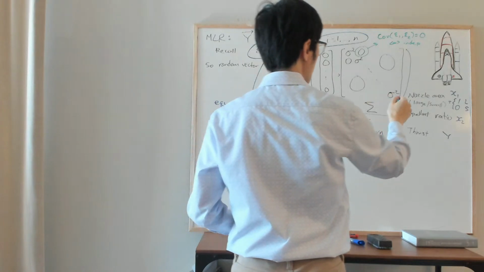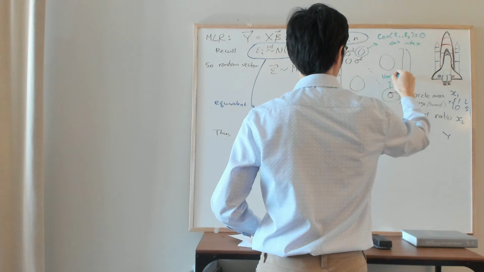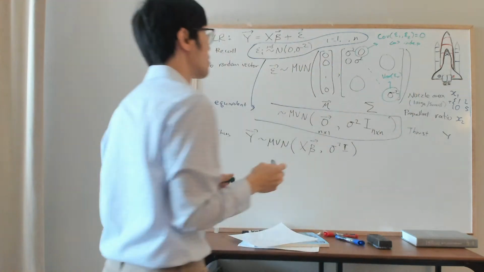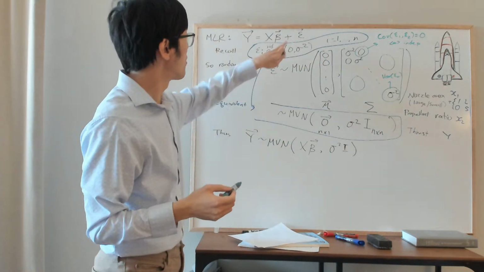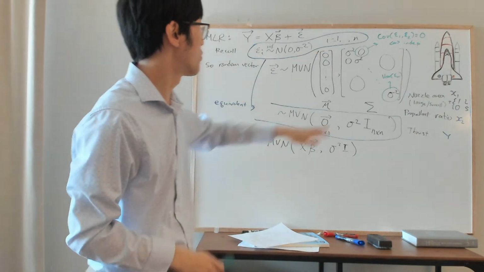And this entry is the variance of epsilon n. So both the variance and also the independence are captured in this covariance matrix.